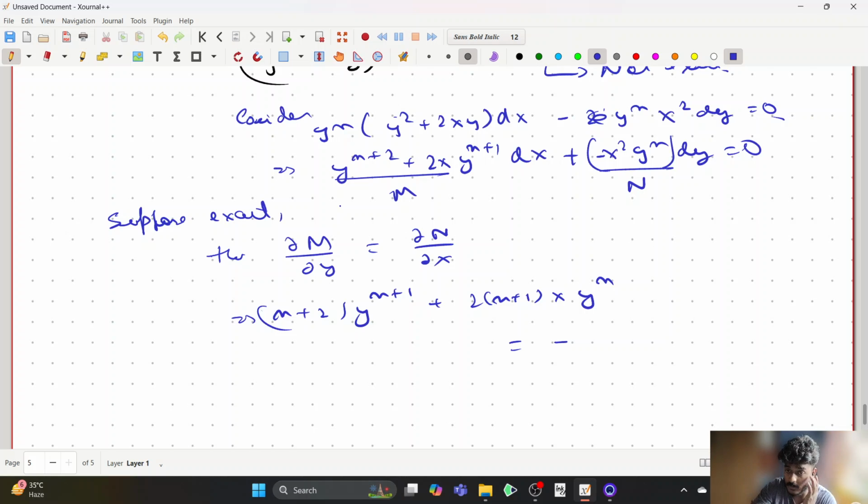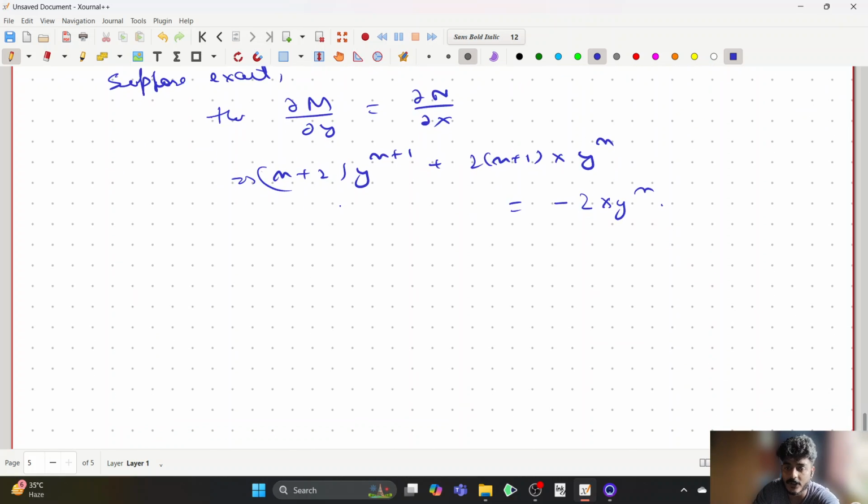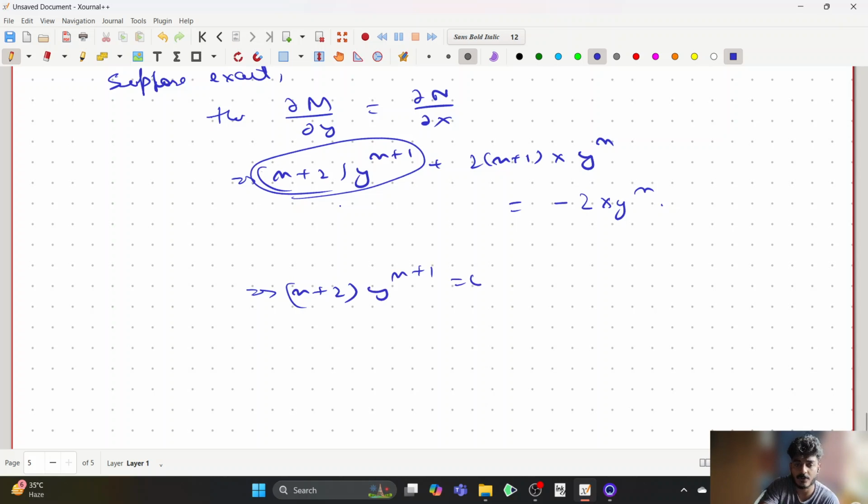This should give you 2x yⁿ. Fine. Therefore, you can compare the coefficients and see that this term should be 0. This implies that (n+2) y^(n+1) should be 0. Now since y cannot be identically 0, therefore n + 2 needs to be 0, or n needs to be −2.